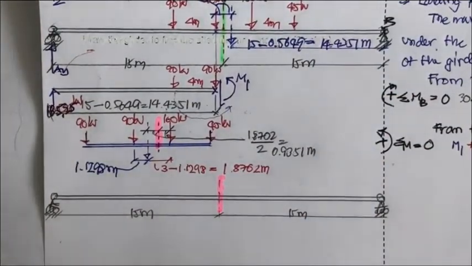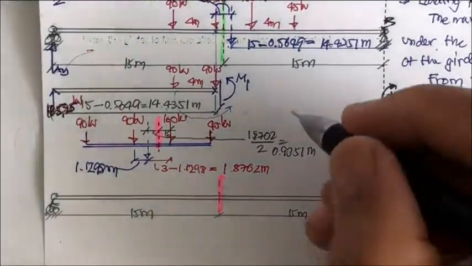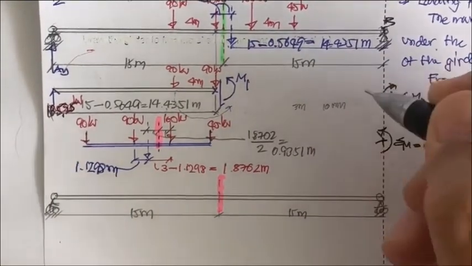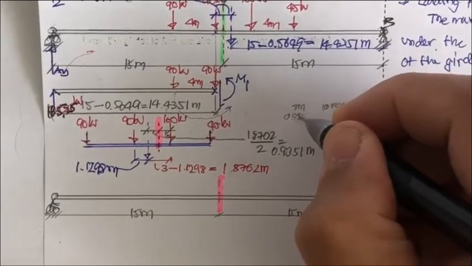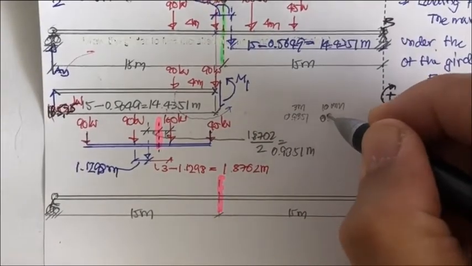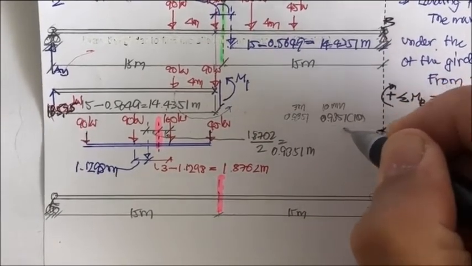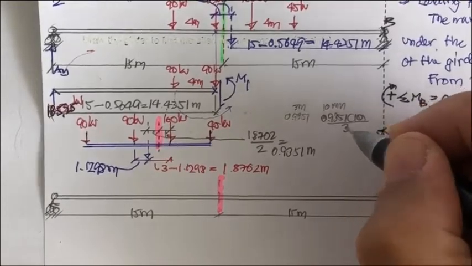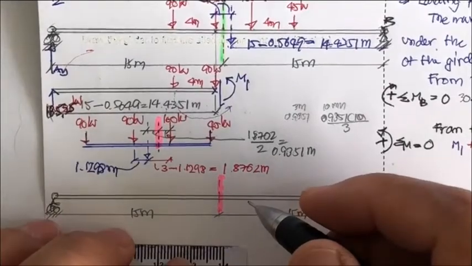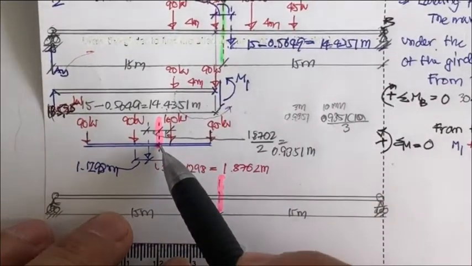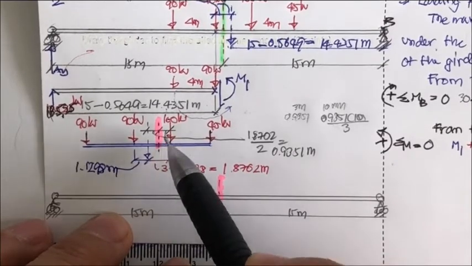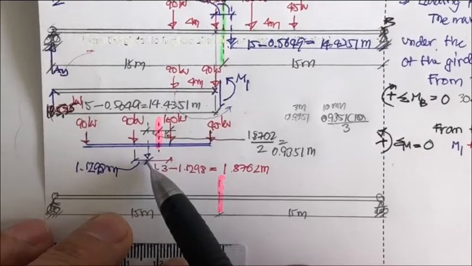Okay, you do the scaling again. 3 meter for 10 millimeter, and 0.9351 times 10 divided by 3. Okay, you may guess that's about 3 millimeter. So what we have drawn here, about 3 millimeter, you get 160 kilonewton, and this one for about 3 millimeter, you get F sub R.